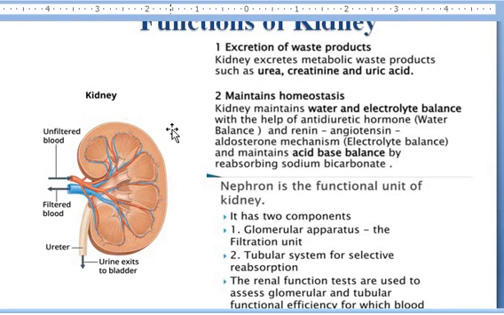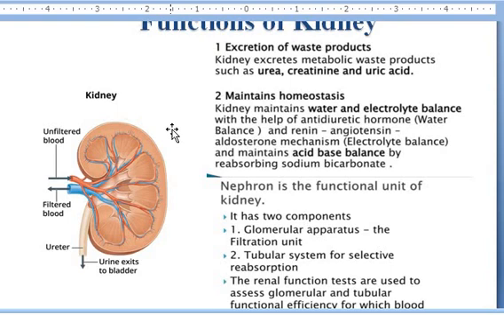Suppose the level is not maintained constantly, then the condition is called diabetes mellitus. For a normal person, even during excessive eating or under fasting, the two different situations are all maintained constantly by the mechanism called homeostasis.